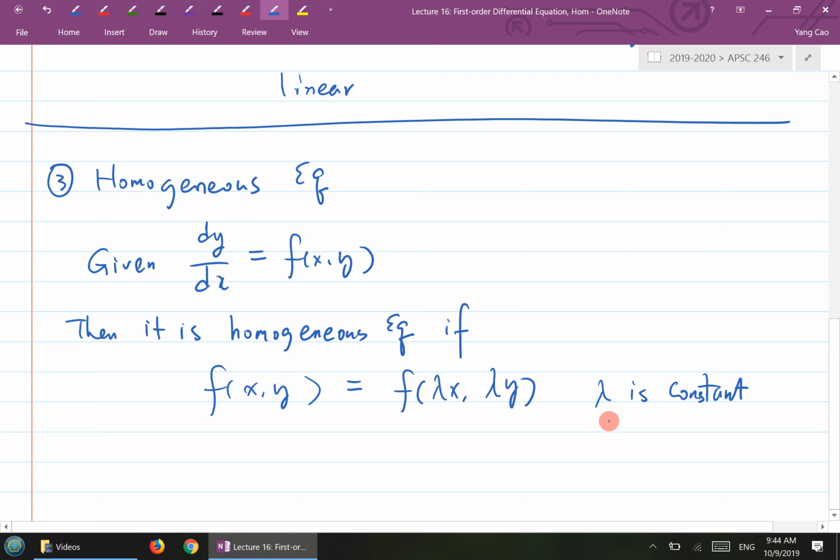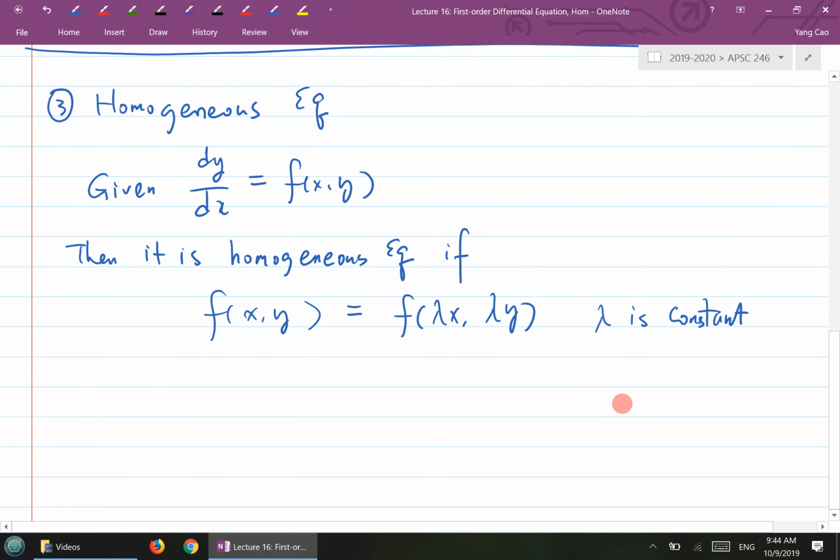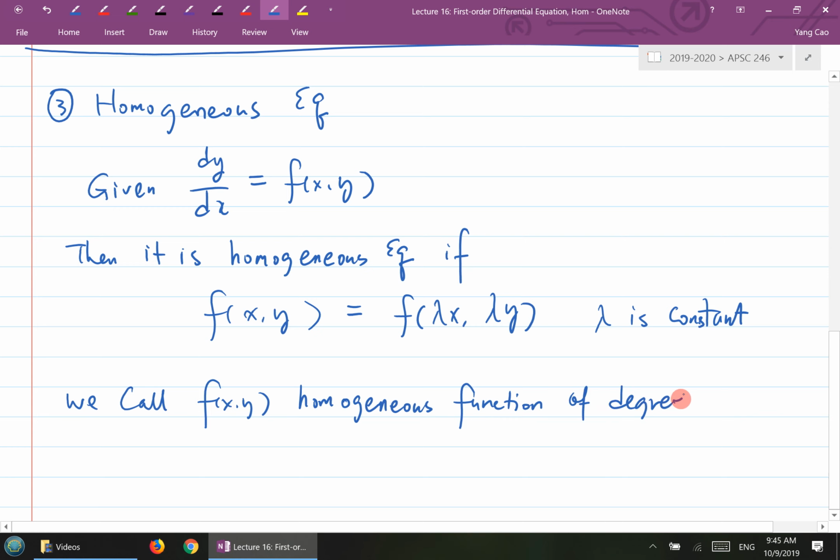Okay. More actually, we call this f(x, y) a homogeneous function of degree 0.